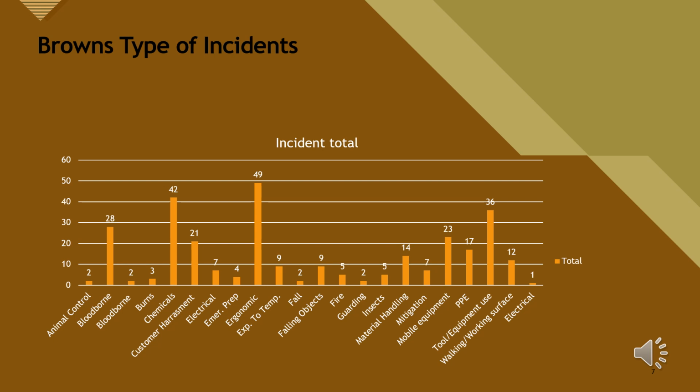There are many ways to fix an ergonomic issue. You just have to start addressing them. But it seems that Brown doesn't address most of the problems that they have. They don't prioritize this program, and you can tell by the data that is being shown.